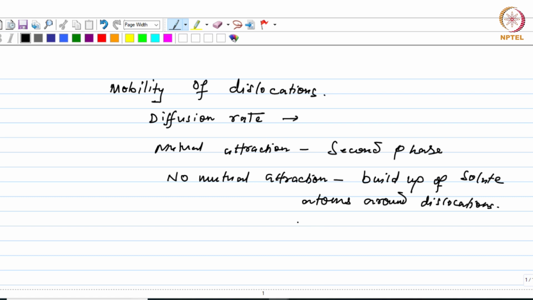This concentration is higher than the surrounding lattice, and this excess of solid atoms associated with a dislocation is known as an atmosphere.